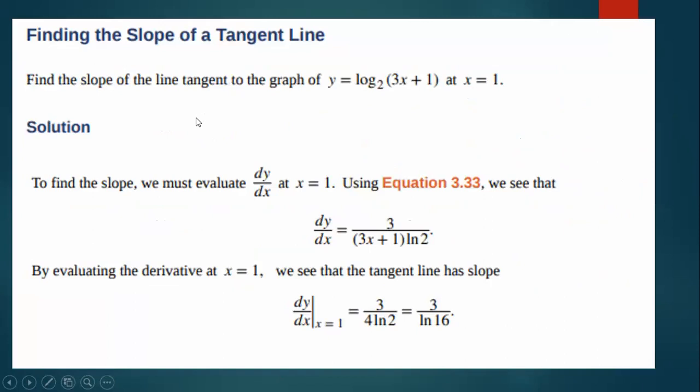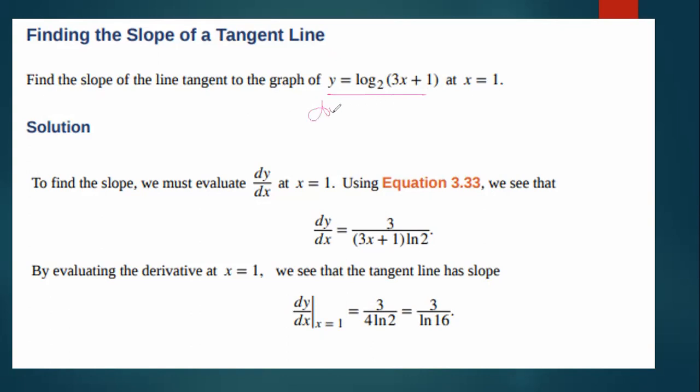Now using this, we have to find the slope of a tangent line. So to find the slope of the given tangent line, let us say my function is y equals log base 2 of (3^x + 1).